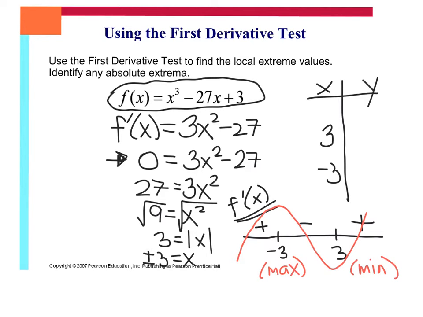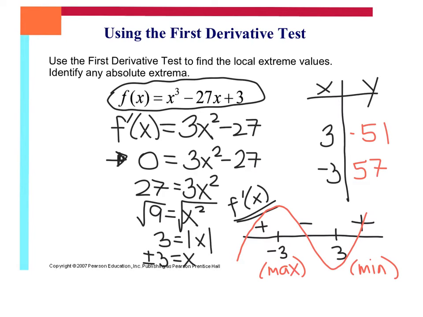So now we've identified where the max and the min occur. Now, if they want the values, then we would plug negative 3 back into the original and get the value. Same with positive 3. Plug it back into the original to get the y value. And just to complete that thought, I already did the math. Negative 3 gives an output of 57, and 3 gives a value of negative 51.